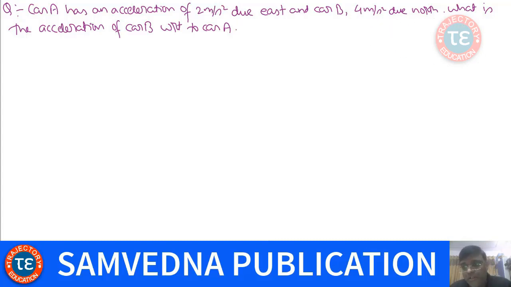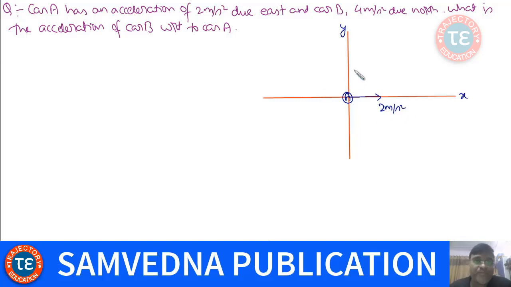Let's take a coordinate system. You always draw a coordinate system. In any physics problem, you must draw the coordinate system first. So car A has an acceleration in the east direction, 2 meter per second square.